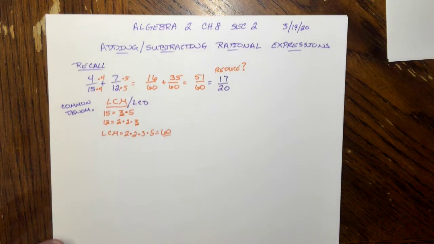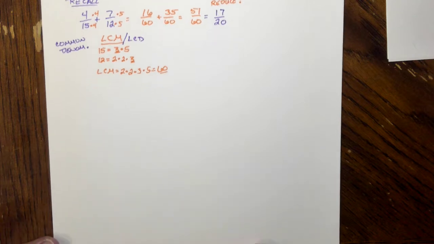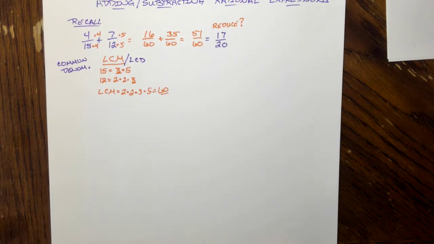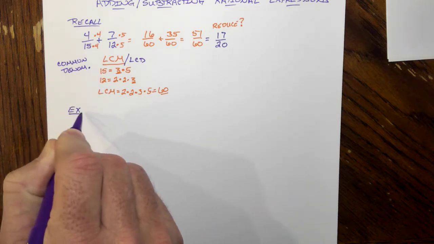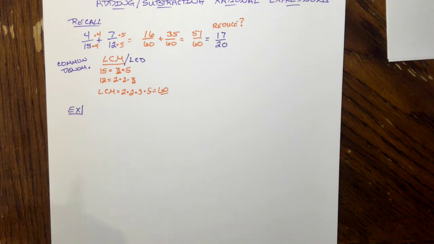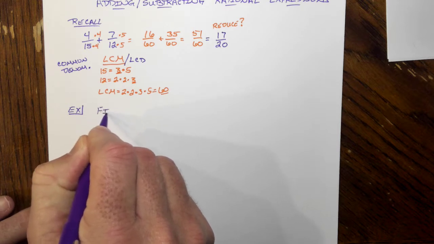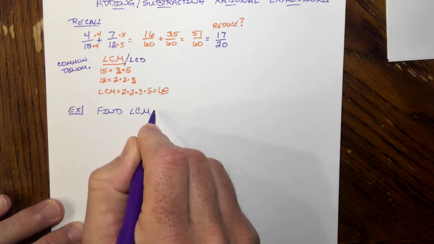So let's practice a little bit of this and how to find these least common denominators, least common multiples as we do this. So, an example. I would like you to find the LCM of the following.